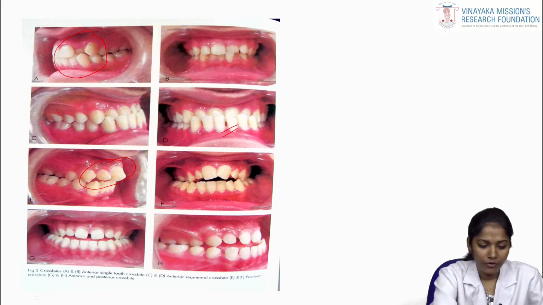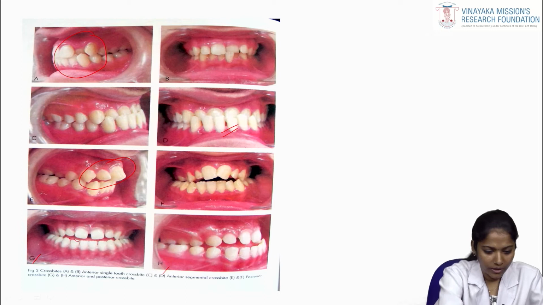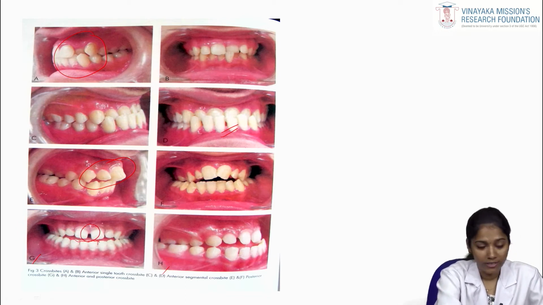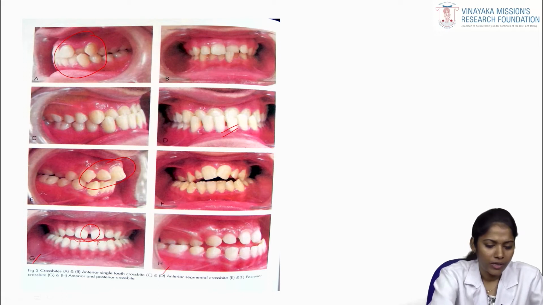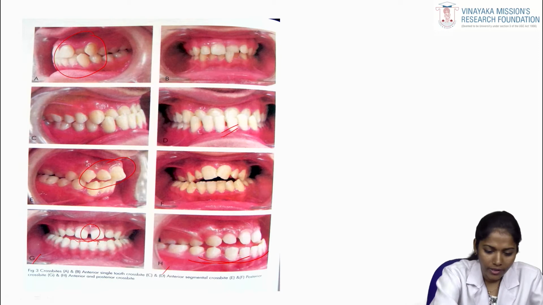Whereas in case of your diagrams G and H, you can see the presence of the tongue, which I am marking here, and there is a midline diastema. Maxillary incisors are getting flat, and there is spacing in your lower dentition, a gap between canine and premolar, as well as some amount in your anteriors.